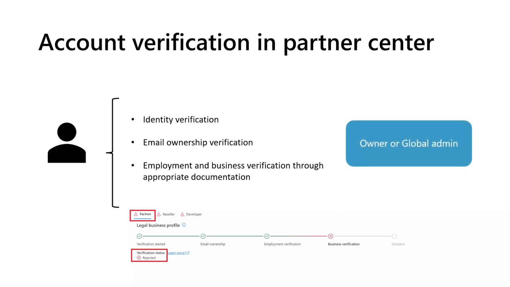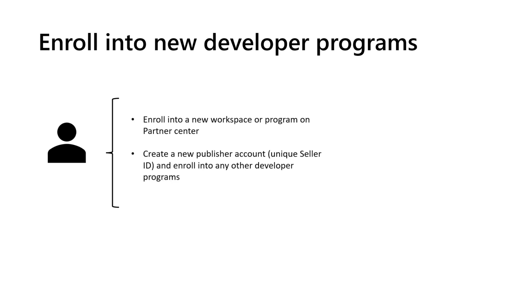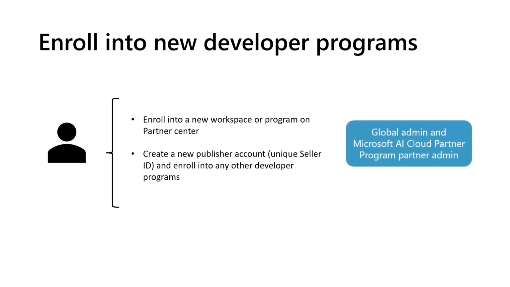The personas that can complete this account verification are the account owner or the global admin. Next is enrollment into new developer programs. As you progress in your marketplace journey, you may choose to enroll into more programs to take advantage of various incentives. You may also decide to create multiple publisher accounts and enroll them into more programs. This can be done by having a global admin and Microsoft AI Cloud Partner Program partner admin role.